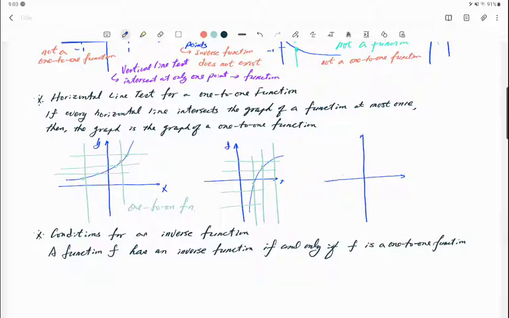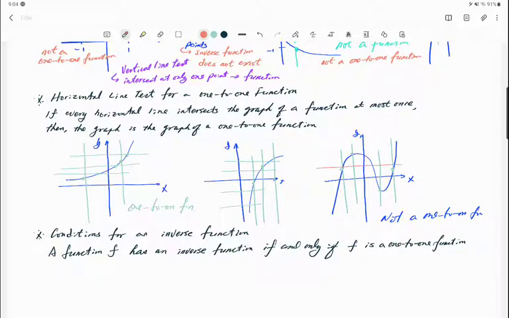Okay, how about this? Something like this. Is this a one-to-one function? This is not a one-to-one function. Why? Because each vertical line contains one intersection.